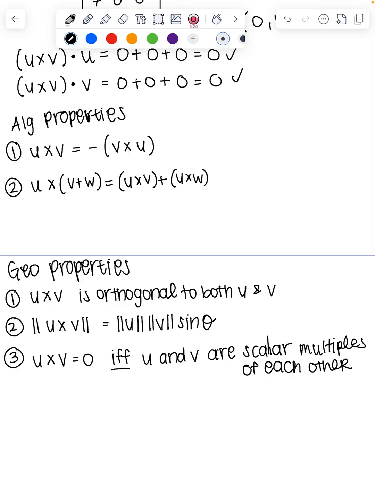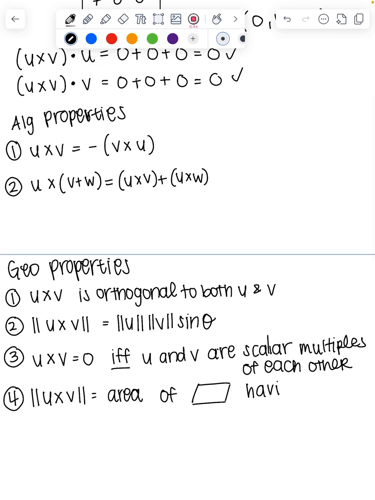Okay, and then the last thing, I'm not going to give you an example of this, but you're going to have this question on your homework. The magnitude of u cross product with v is going to equal the area of a parallelogram having u and v as adjacent sides.